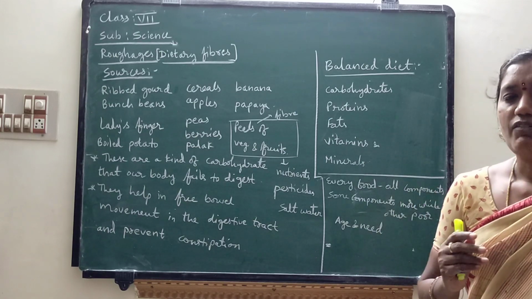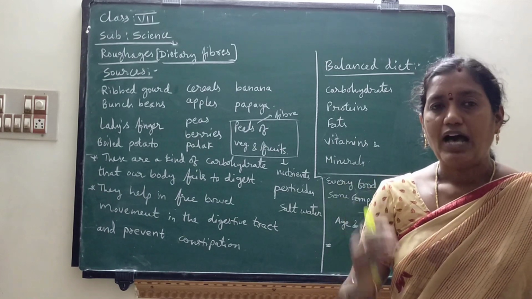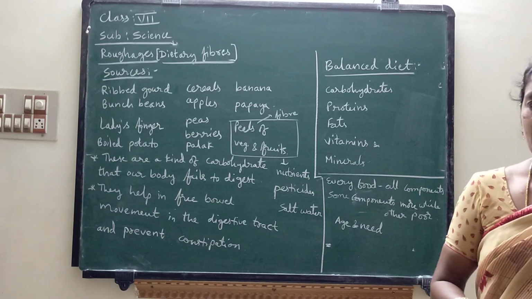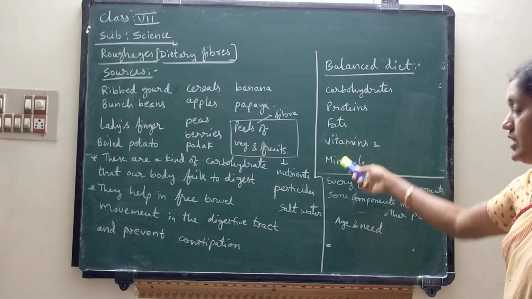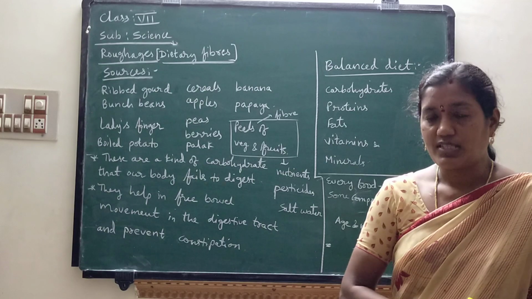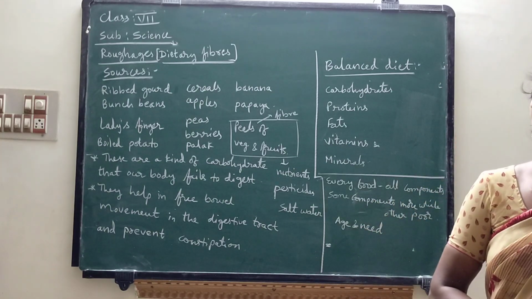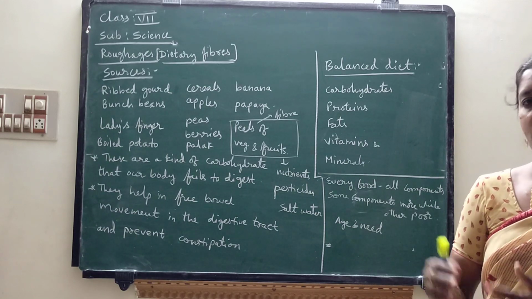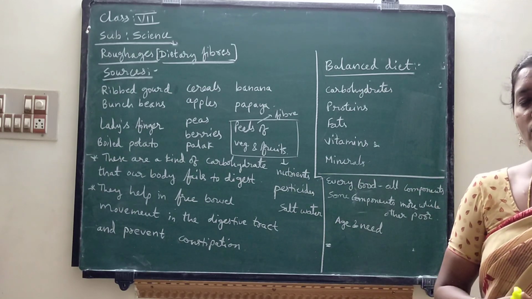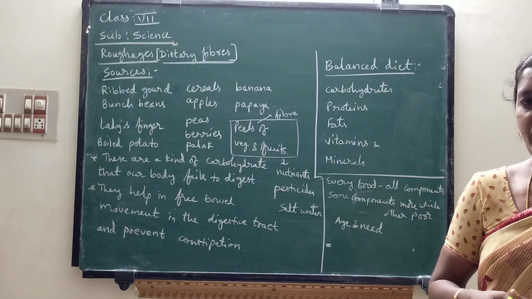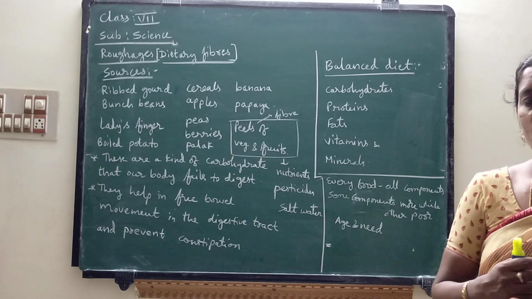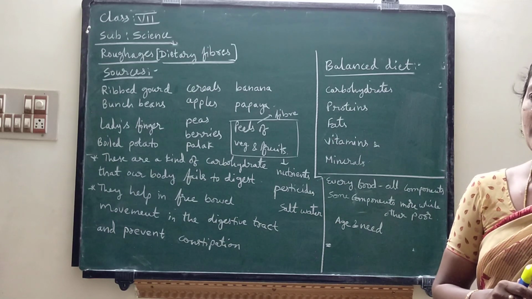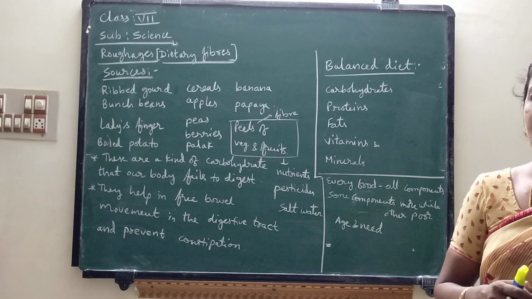Children, we have to take this balanced diet according to our age and needs, because individuals differ: small children, elders, adults, old age people. So you have to take diet according to your age. Children below 14-15 years should take more proteins in order to grow their body healthy and fit.